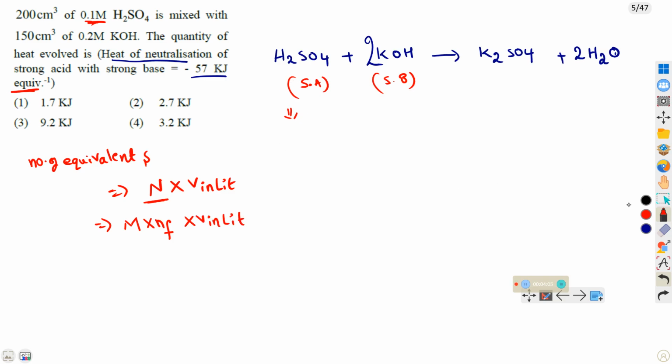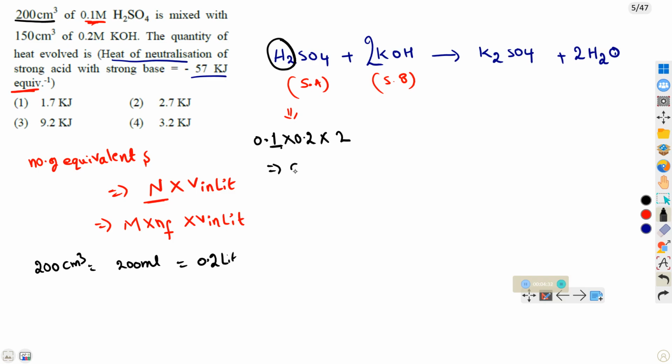Now what is the molarity given? Given molarity is 0.1. 200 cm cube means 200 ml, converted to liters is 0.2 liters, into 0.1, into replaceable hydrogen atoms 2. Simplified, you get 0.04 equivalents.